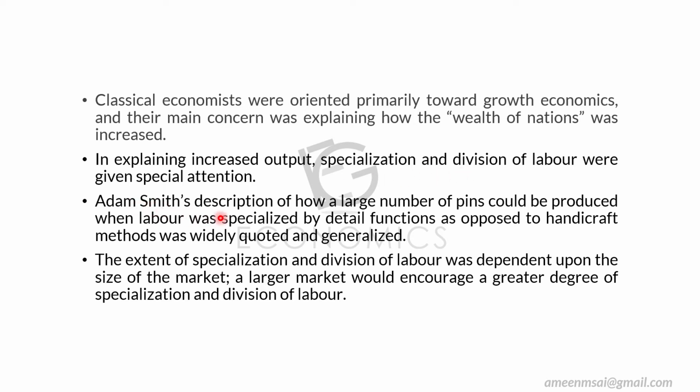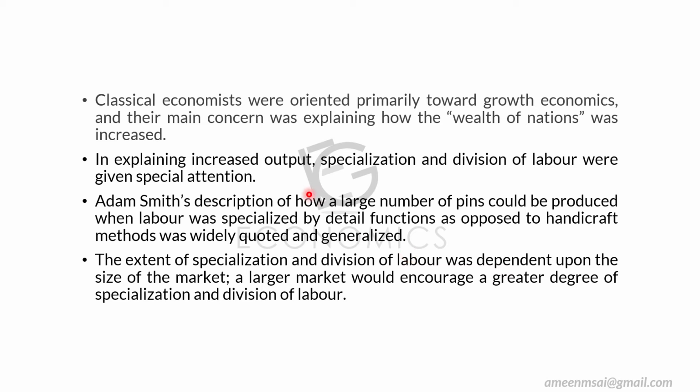Adam Smith's description of how a large number of pins could be produced when labor was specialized by detailed functions, as opposed to a handicraft method, was widely quoted and generalized. What Adam Smith said is that a group of laborers should be specialized in the production of a particular commodity.